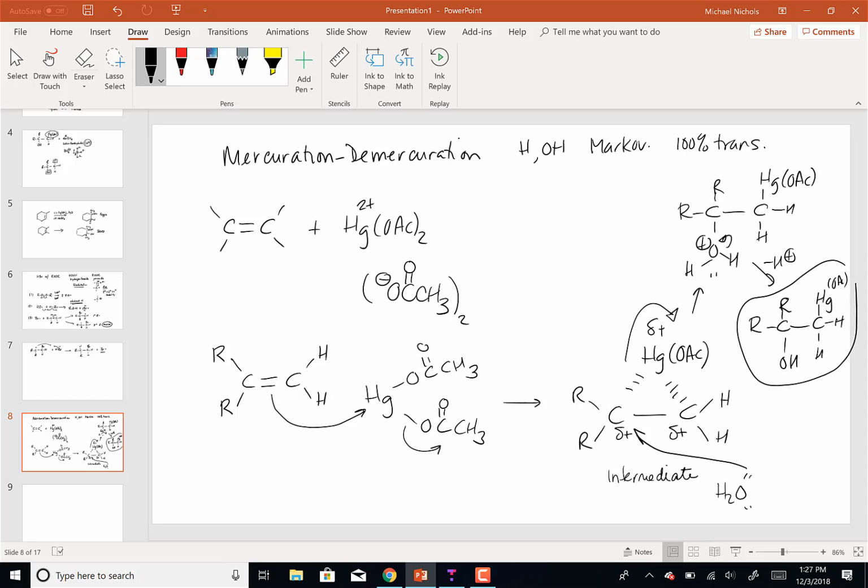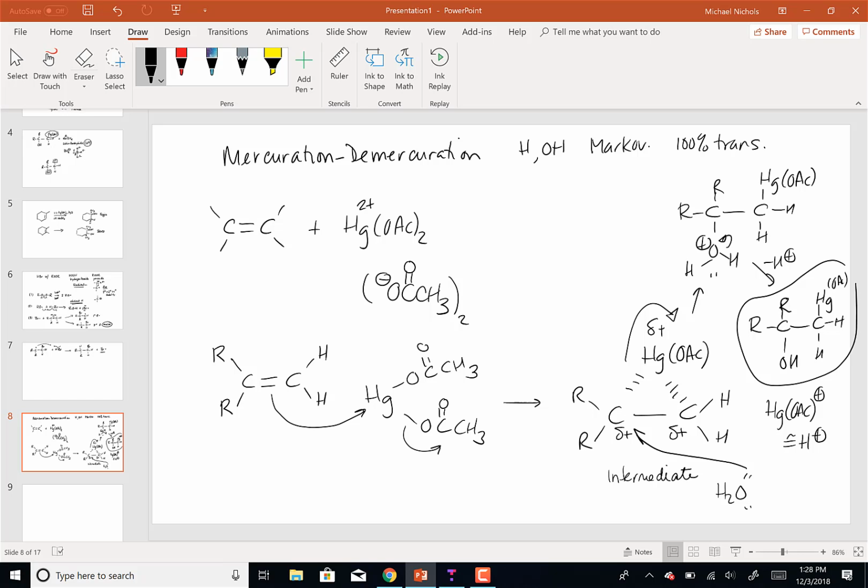And if we treat the mercury acetate plus as being equivalent to H plus, the mercury has added Markovnikov, because the mercury plus has added to the carbon with the most hydrogens.